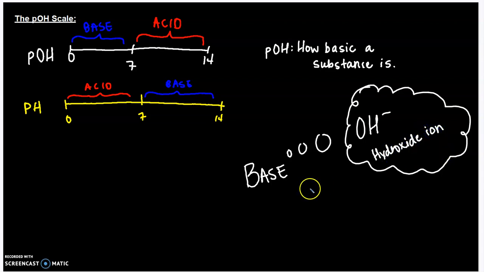And remember, ion just means something with a charge. So here it's negative. Another way that acids and bases are opposites of each other, this is just a little side note: acids are positive and bases are negative. Sometimes, not always, but for these purposes, we'll say that that's true. So OH is the opposite of pH.